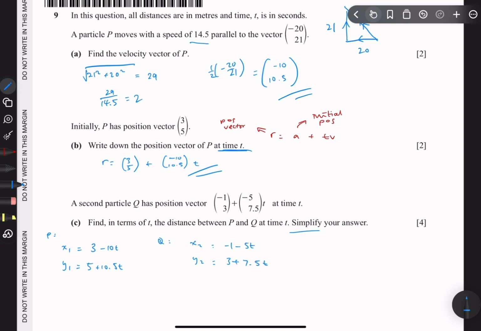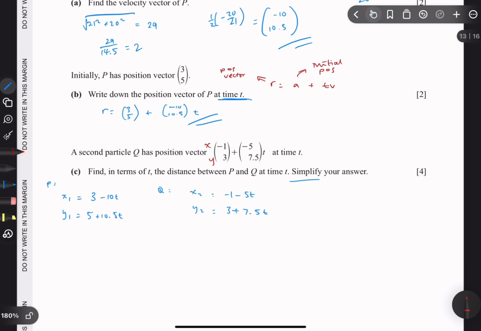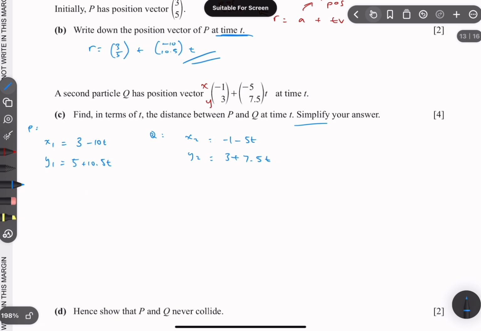Basically, we are splitting the x part and the y part of the position vector. And then now we can use the distance formula, which is y2 minus y1 plus x2 minus x1.